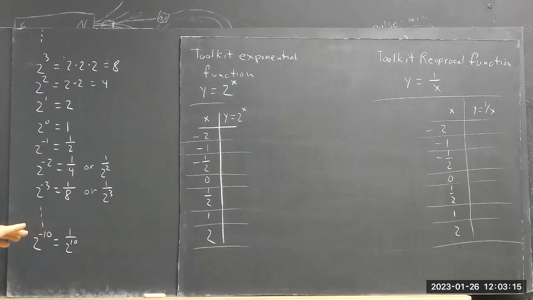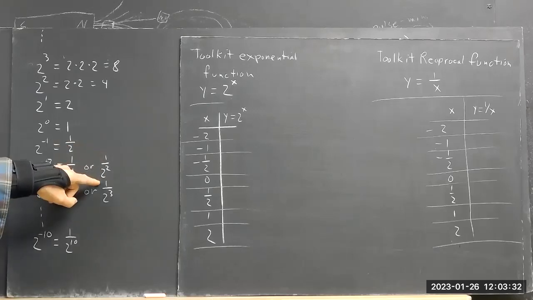So if you get down to 2 to the 1, half of that's 1. That's 2 to the 0. Half of that's 1/2. That's 2 to the negative 1. Half of that's 1/4. That's 2 to the negative 2. And of course, 1/4 is 1/2 squared.